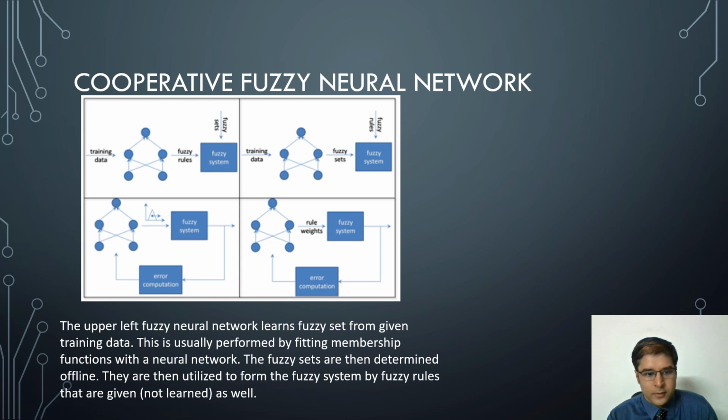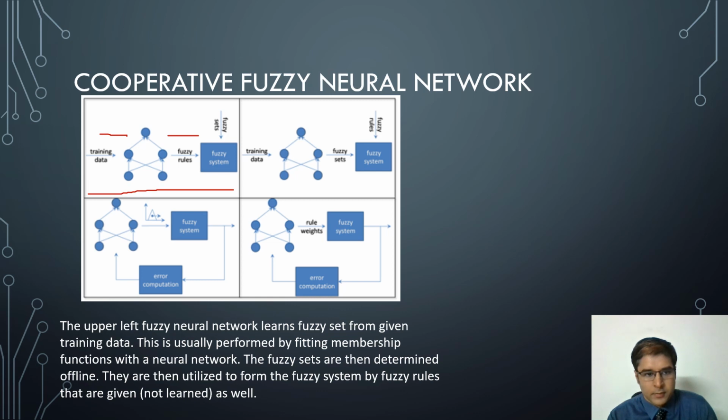The upper left fuzzy neural network learns fuzzy sets from given training data. This is usually performed by fitting membership functions with a neural network. So this neural network learns fuzzy sets from given training data. Training data is given to the neural network and it learns the fuzzy set rules.